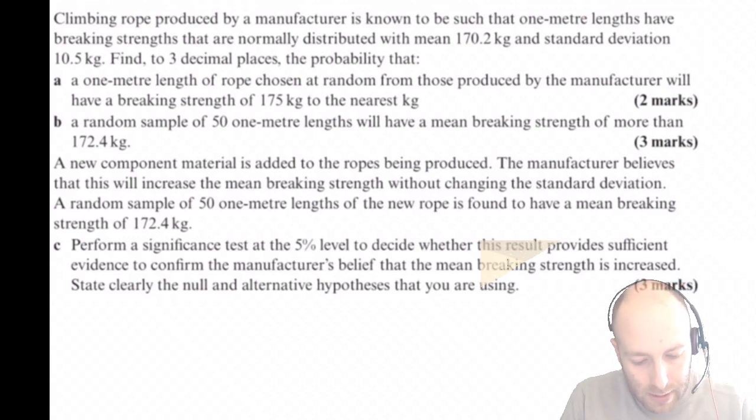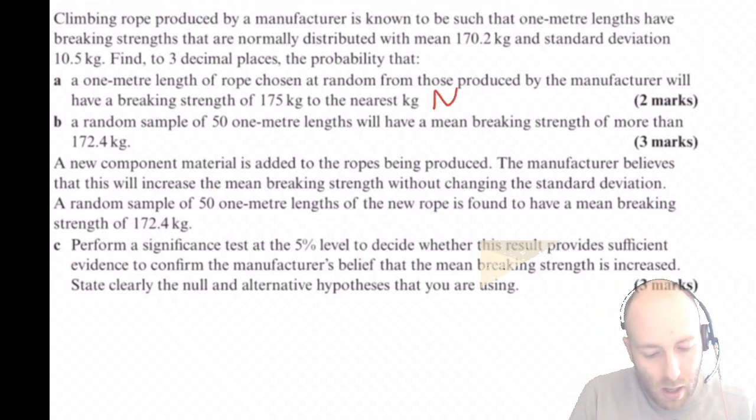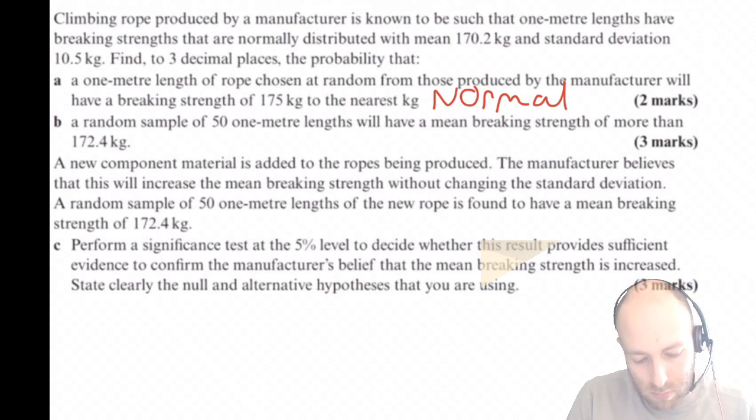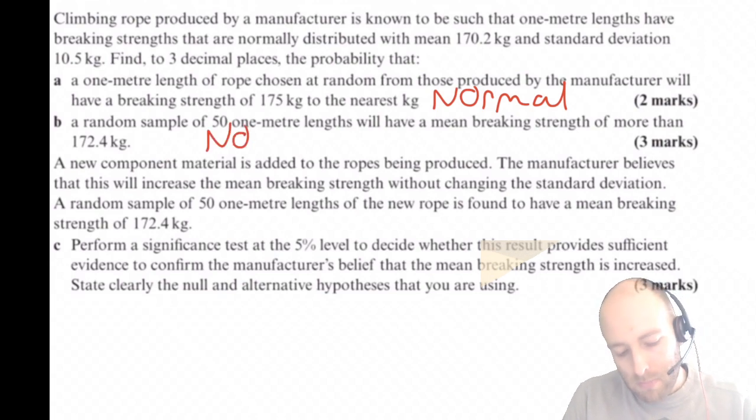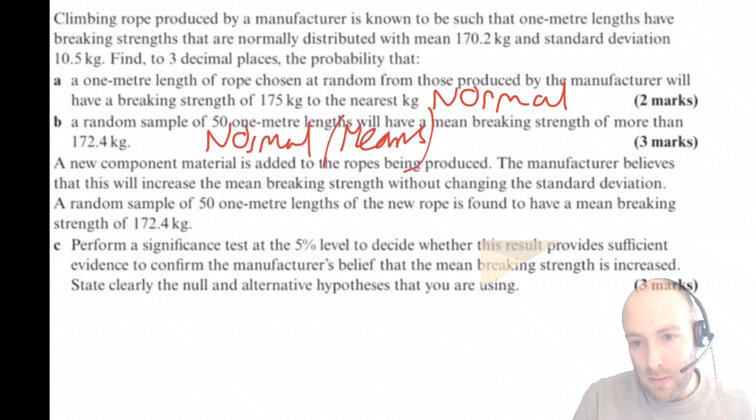So part A is a normal question. Part B is a normal question as well, but using the means. And then part C is a normal hypothesis test.